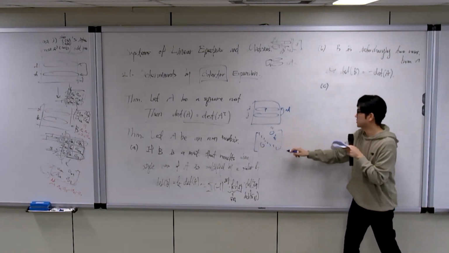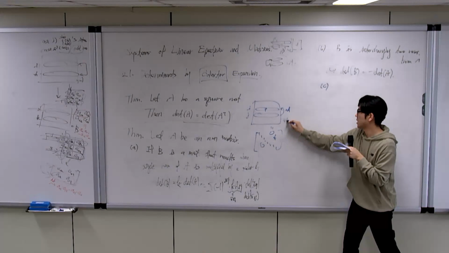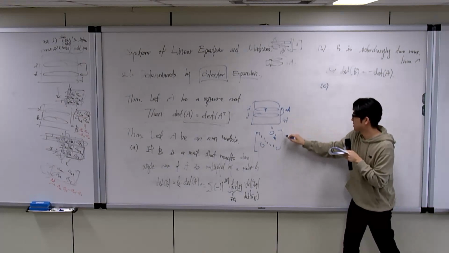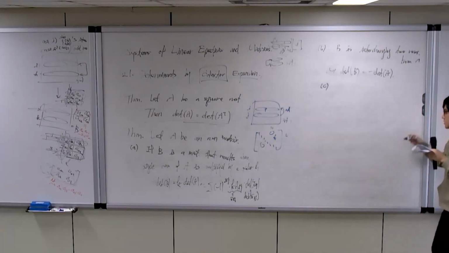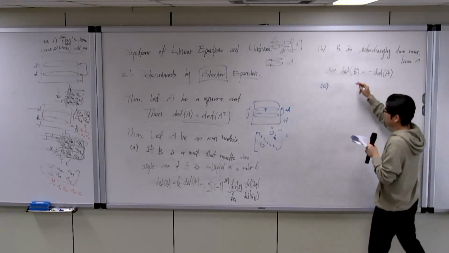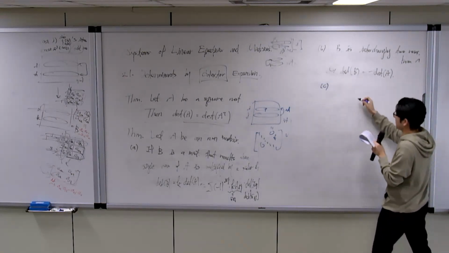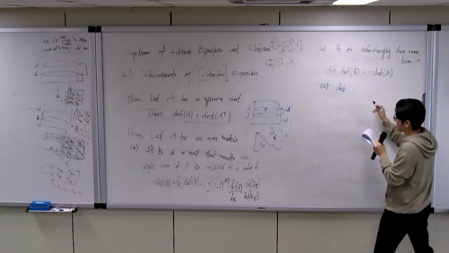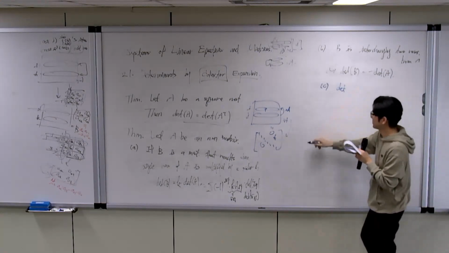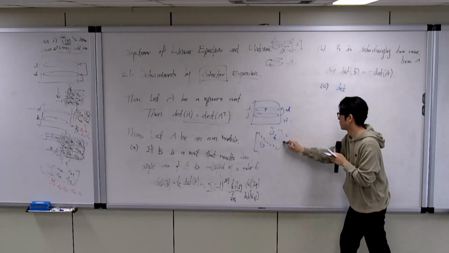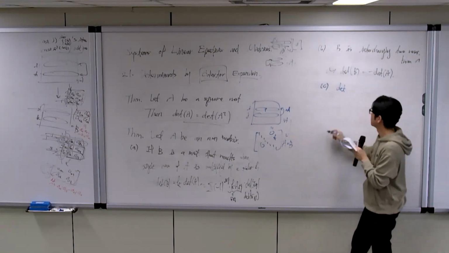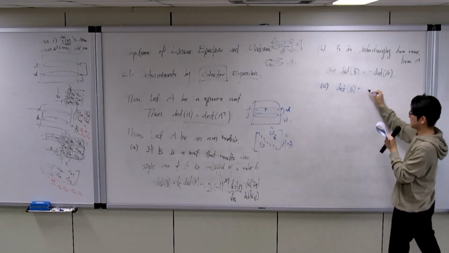Multiplying this with A gives B. In this case, we will calculate the determinant of B.